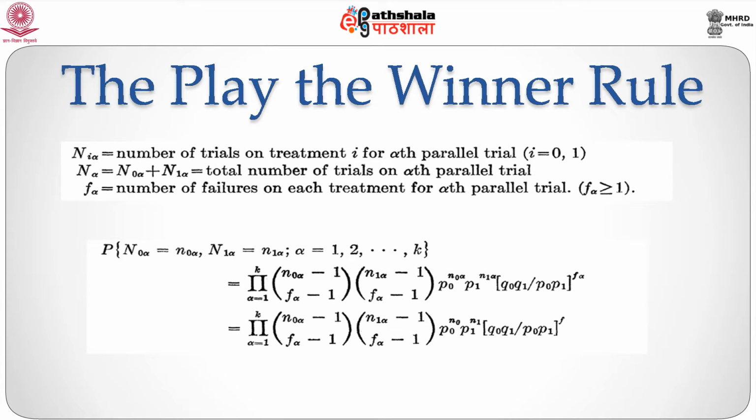So assuming that we have k parallel PWR trials, the probability mass functions are as given on this slide. Note that the likelihoods are identical, and hence we get the same marginal distribution as for the MPWR. We may wish to generalize the PWR and the MPWR to the case when success probabilities are not constant.